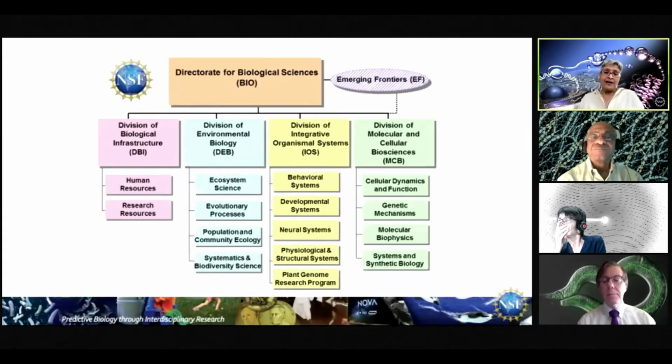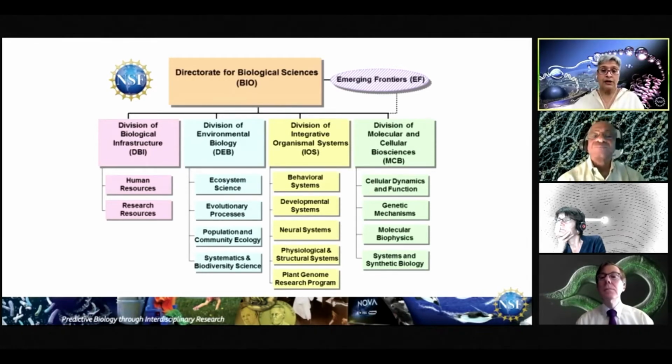The NSF has a discipline-based organizational structure. We have directorates for engineering, for mathematics and physical sciences, for geosciences, education and human resources, and of course, others. But today our focus is on the Directorate of Biological Sciences. We'll shorten that to Bio.